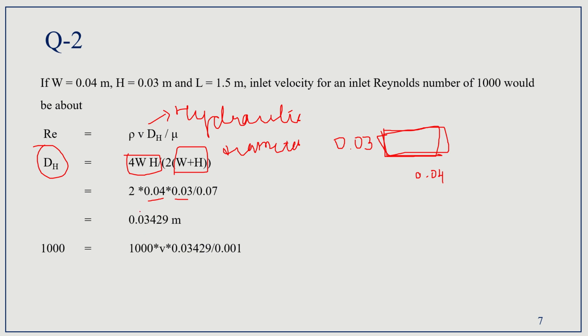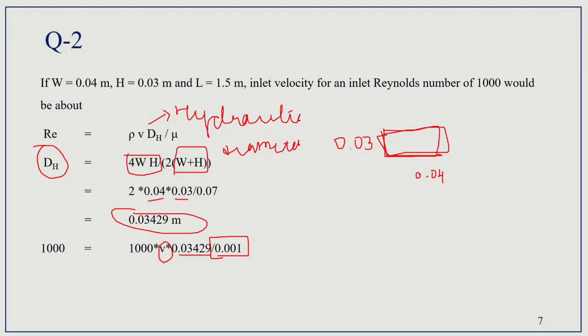Now we should substitute this hydraulic diameter back into the Reynolds equation. The Reynolds number is given as 1000 and Re is equal to rho V dH by mu. So 1000 is equal to rho, which is 1000 for water, times V, which is unknown, times dH, which is 0.03429, divided by 0.001, the viscosity of water.